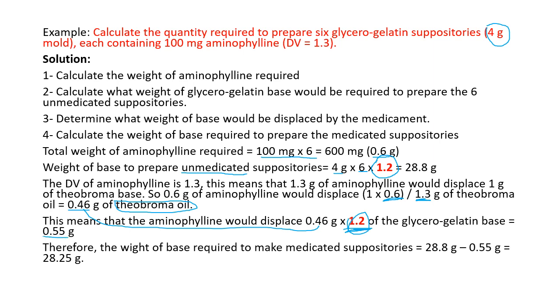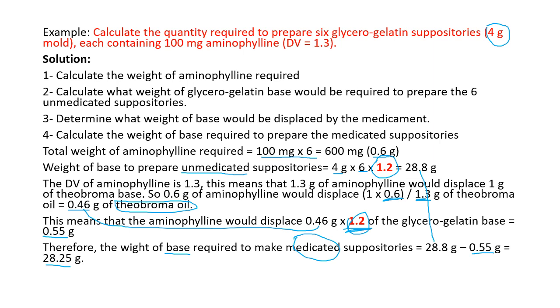So the weight of the glycerogelatin base required to make the medicated suppositories, now we are talking about the medicated suppositories, would be this weight minus the weight that is displaced by the medicine, which is 0.55, and this gives 28.25.